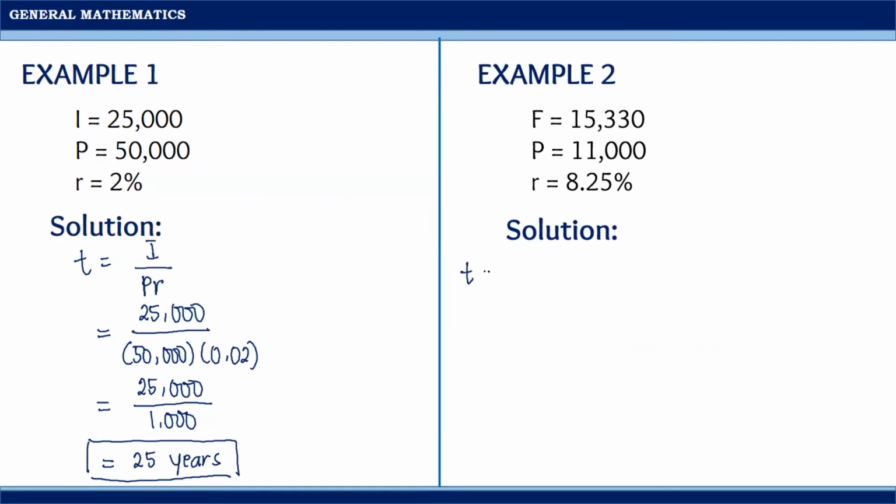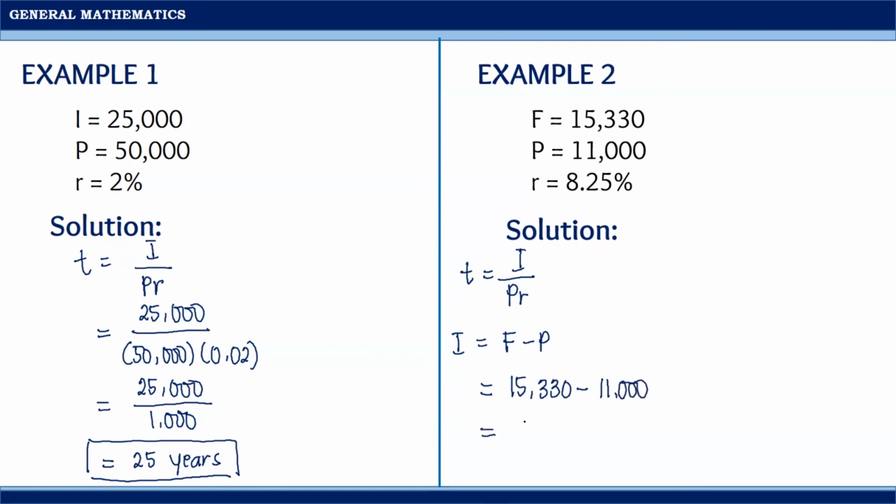Since t is equal to I divided by p times r, notice from the given that we do not have the value of I. However, from the previous example, recall that I, or the interest, is actually equal to f minus p. Therefore, solving first for the value of I, we gonna have 15,330 minus 11,000.